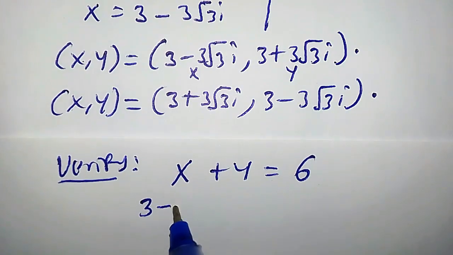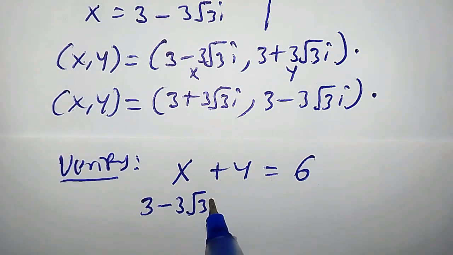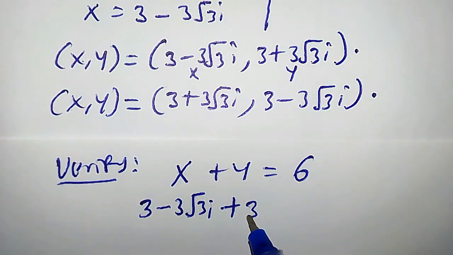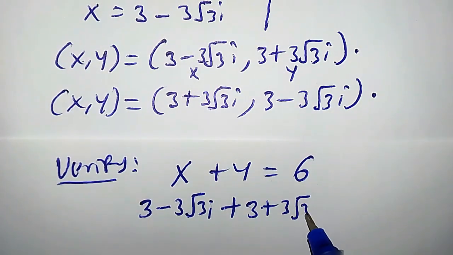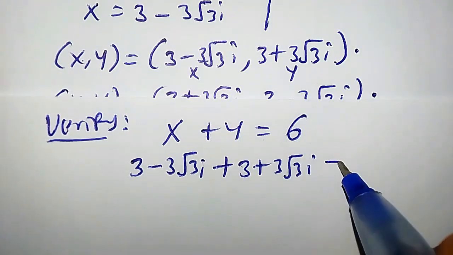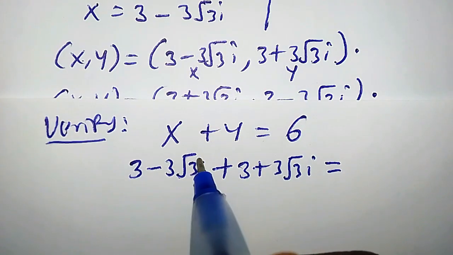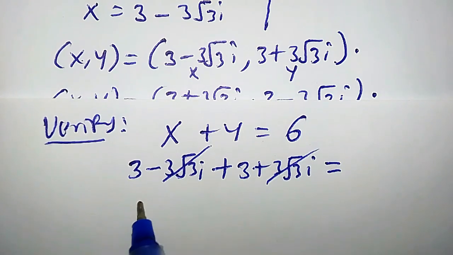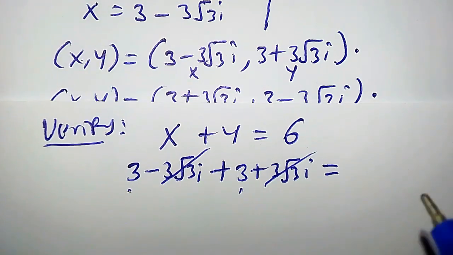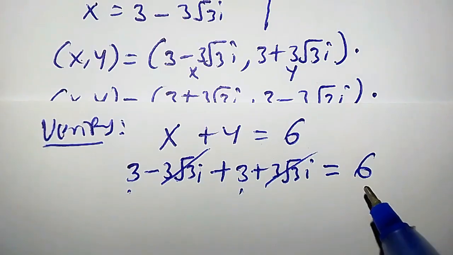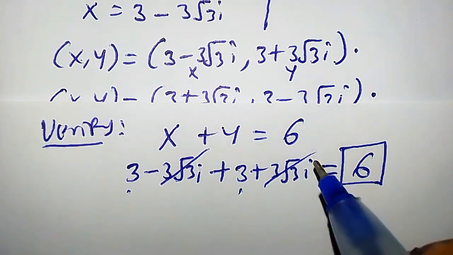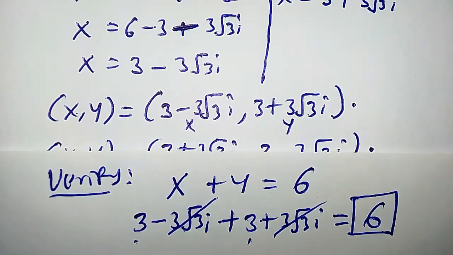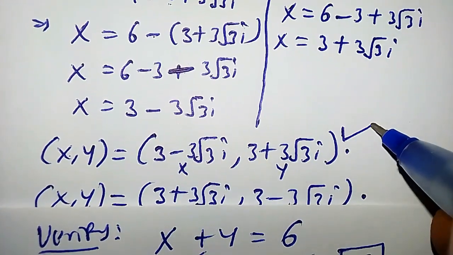That will be 3 minus 3 root 3i plus y, this is y, 3 plus 3 root 3i. This is equal to, clearly, minus 3 root 3i plus 3 root 3i goes. We are left with 3 plus 3, that is 6. You will see that this is exactly what we have on the right hand side of this equation. That means the first solution is correct.